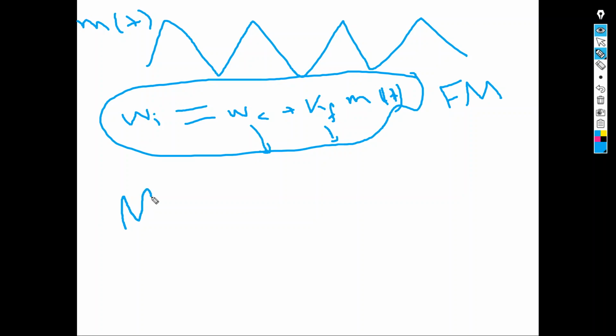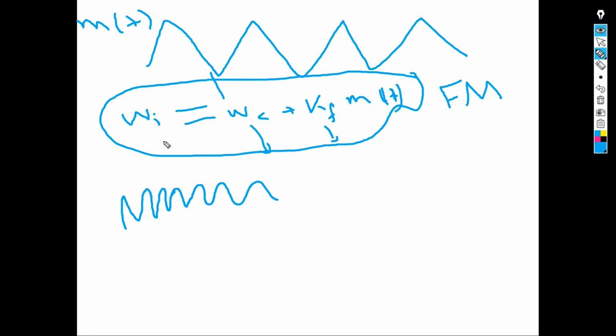As the signal goes down, the frequency starts to decrease. Decrease means the repetition reduces, or the cycle becomes a little larger, and you continue like this. So this is the key.